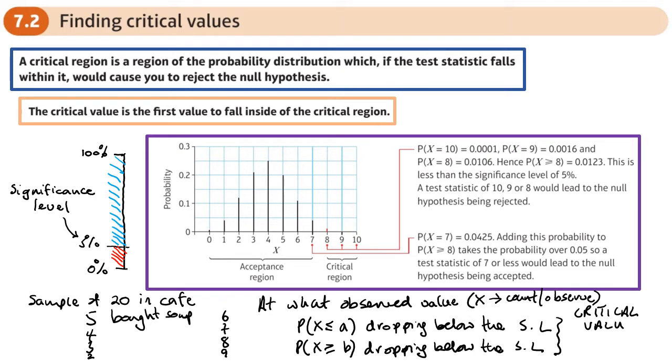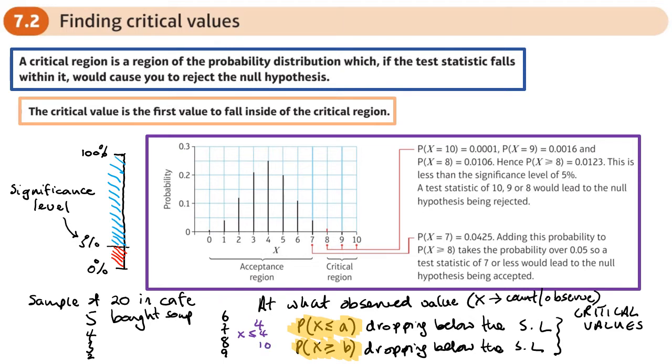So let's say, for example, I had a critical value of 4. Then I would talk about a critical region of being, if I observe anything that's less than 4, something's wrong. Let's say in something like this, I had a critical value of 10.